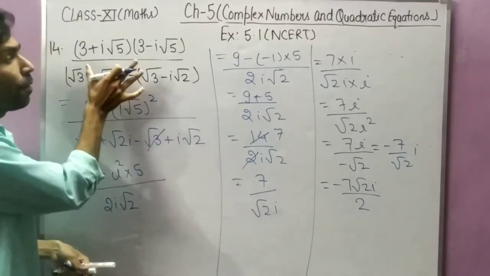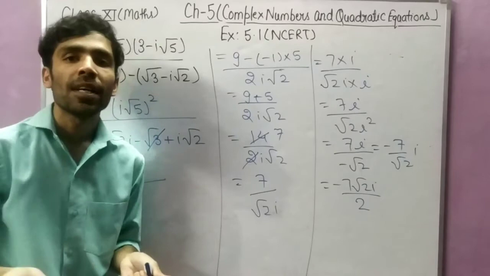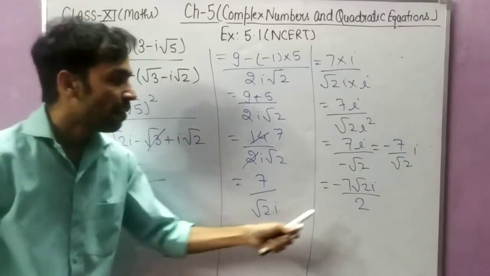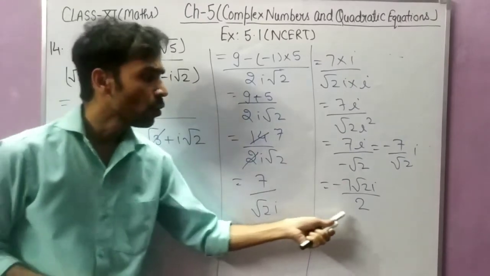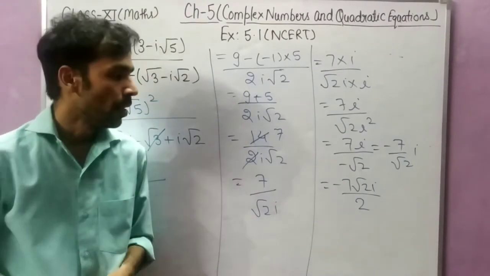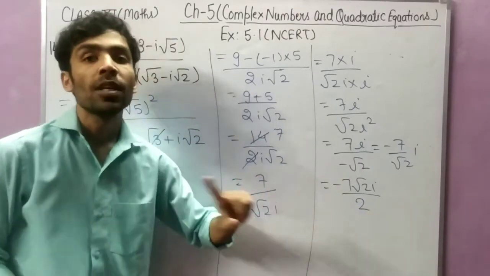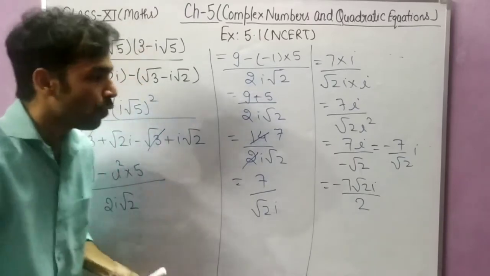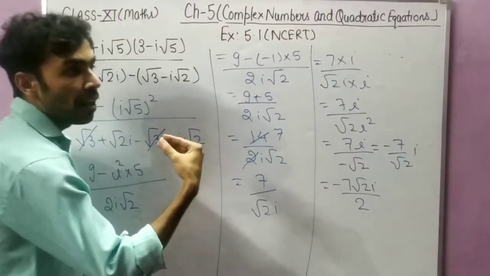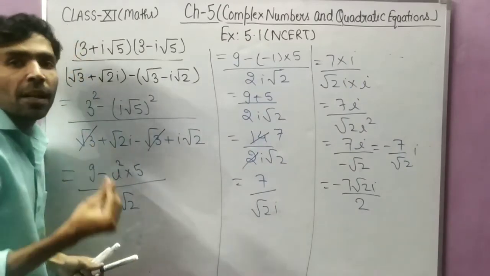Okay, now we have to represent this expression in the form of a plus ib. So see, after seeing this expression, we can say there is no real part. See, only i part is there, means only imaginary part is there. There is no real part, but we have to write in the form of a plus ib. So what we will write, if a real part is not available in this solution, we can say real part will be 0.